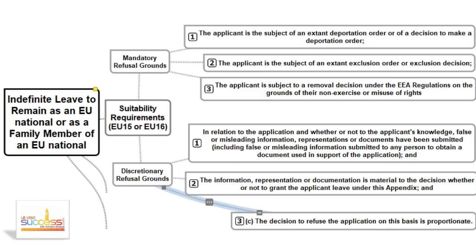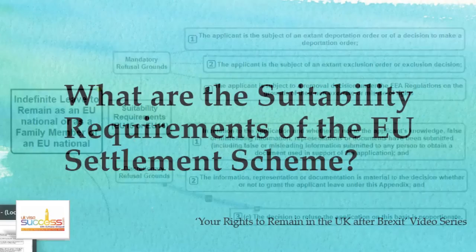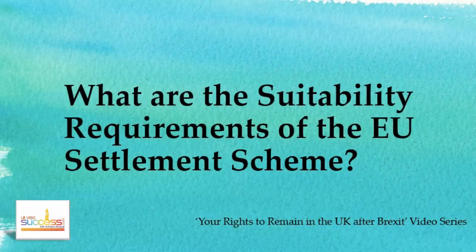So what is going to happen when you submit your application in terms of meeting the suitability requirements? Well, when you submit your application, it will be checked against the police and national records and the warning index.